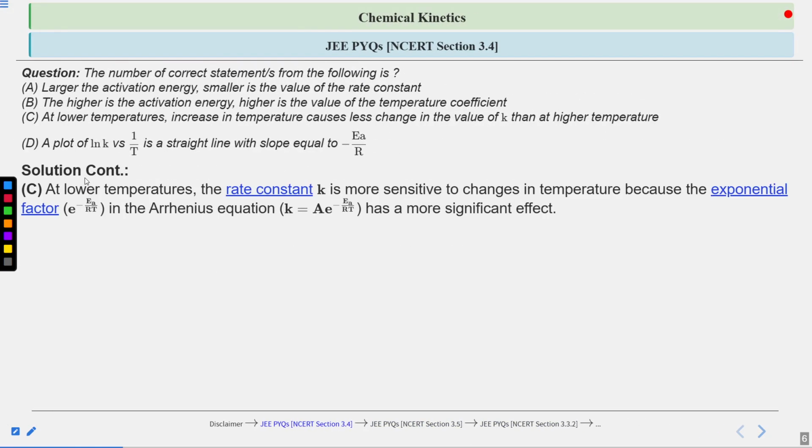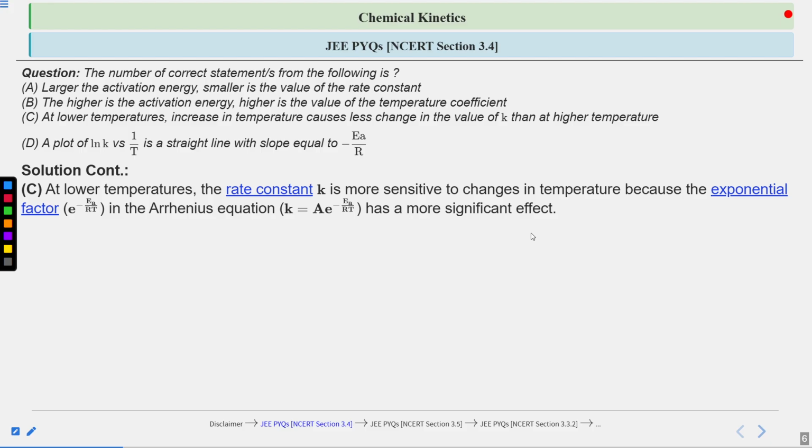Now, if we move to the third statement, which says that at lower temperatures, an increase in temperature causes less change in the value of the rate constant than at higher temperature. What we want to say is that at lower temperatures, the rate constant is more sensitive to changes in the temperature. Why? Because the exponential factor, that is e to the power minus EA by RT in the Arrhenius equation, has a more significant effect.